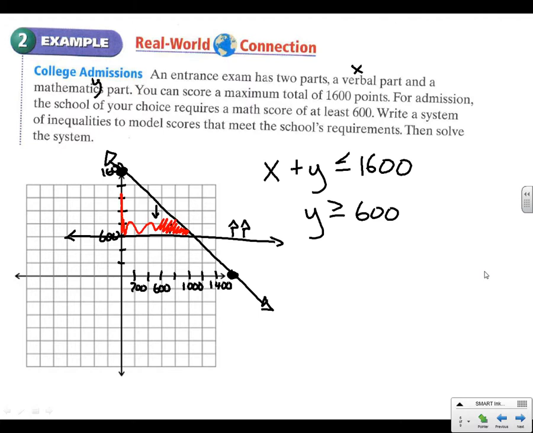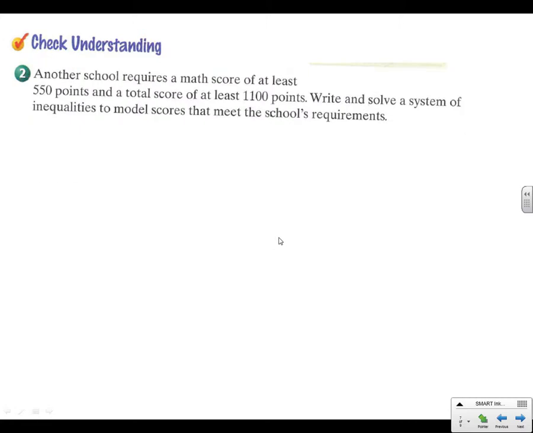And I'm actually going to stop drawing in here because does it make sense to get a negative score on the SATs? I hope not. I hope nobody in our math class will get negative scores on the SAT because it's not possible. Okay? All right, so try to figure out understanding check number 2, thinking the same way. Graph this system of inequalities.